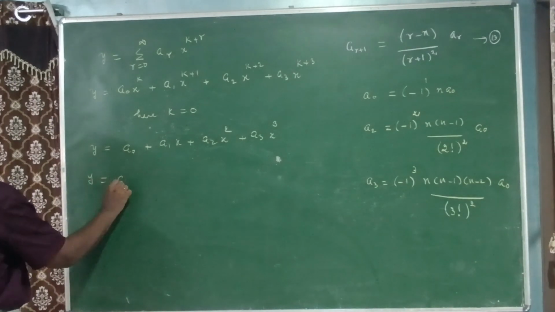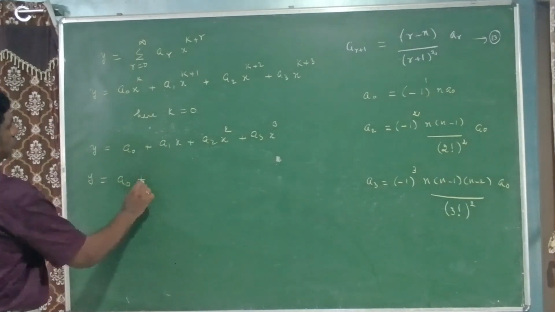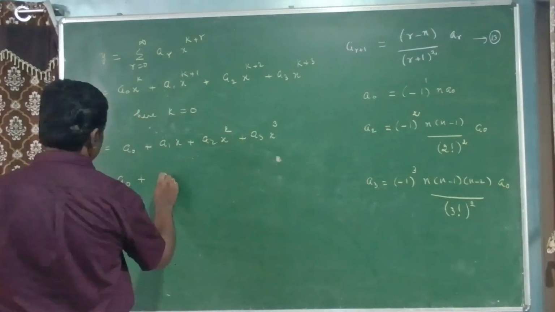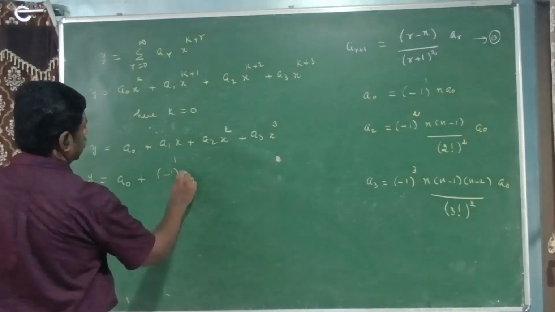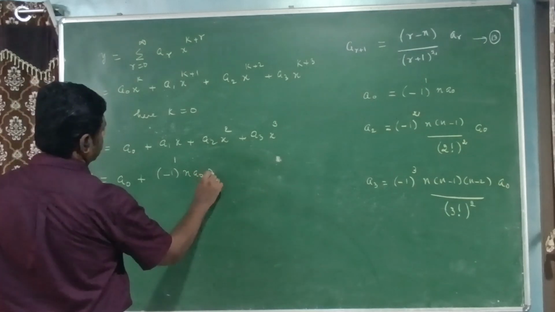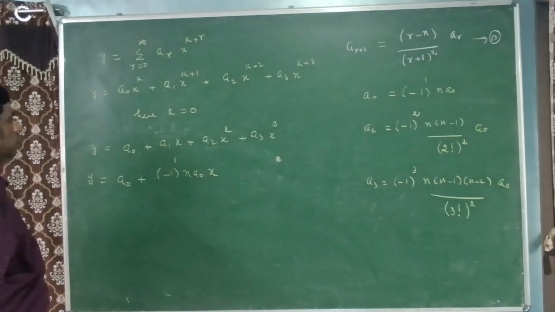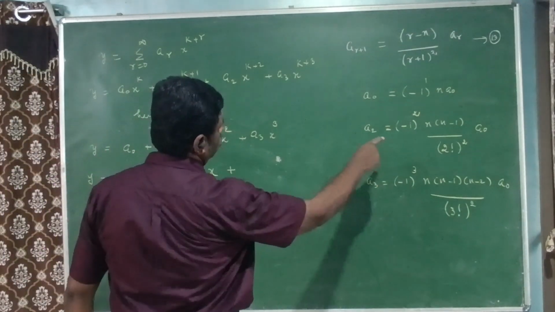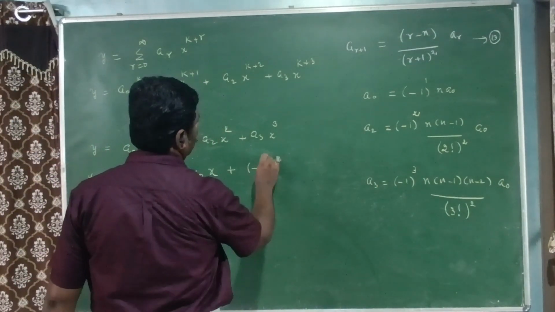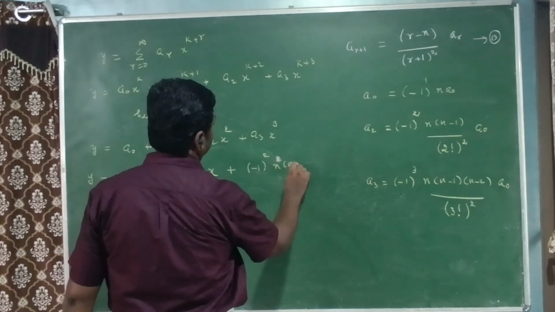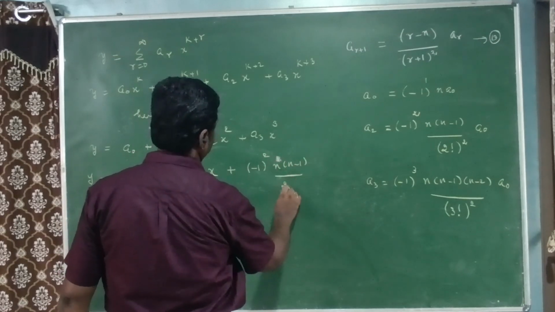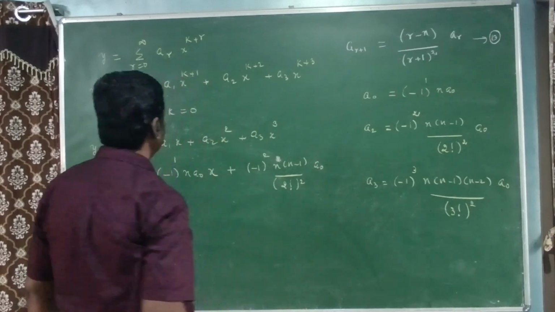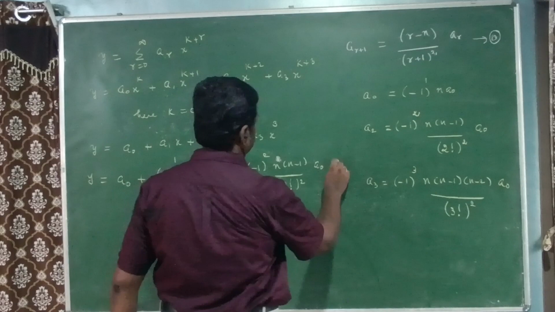Then y equal to a0 plus the value of a1, which is available with us, that is minus 1 power 1 n a0. This much should be multiplied by x, that is a1 into x. Plus the value of a2, minus 1 square n into n minus 1 divided by 2 factorial square a0, which is multiplied by x square.